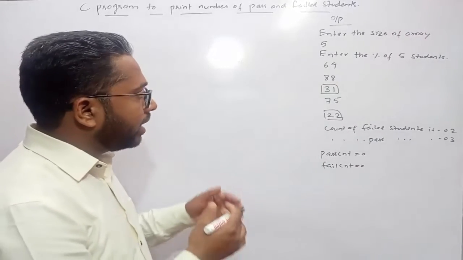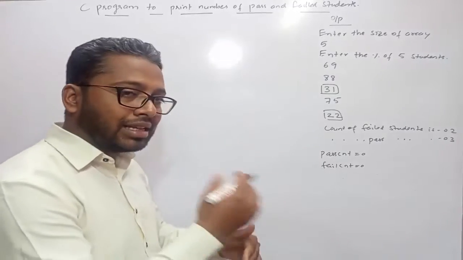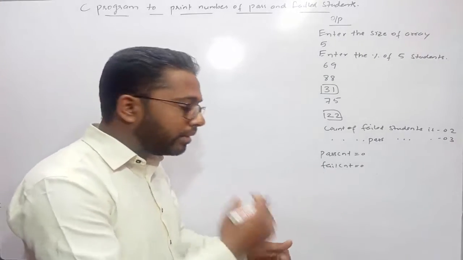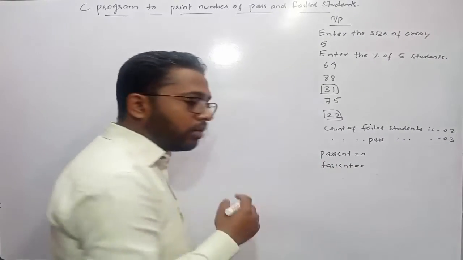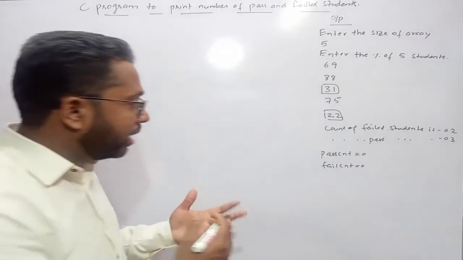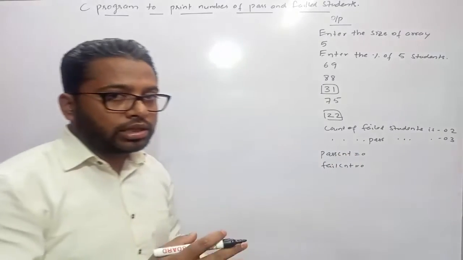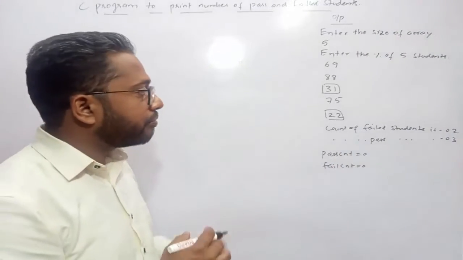Whenever our program encounters a percentage which is less than 35, it will increment the value of the fail count variable. Otherwise it will increment the value of the pass count variable. So this is the logic which we will apply.